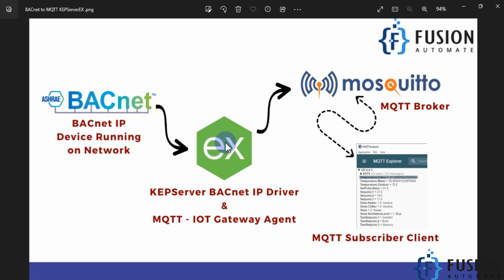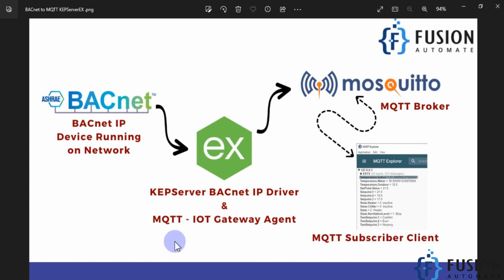CAP server will convert those data into MQTT and publish to the MQTT broker, which is Mosquitto in our case, and Mosquitto will provide that data to any MQTT client software. It can be MQTT Explorer, it can be your Node-RED, or it can be another CAP server running on a remote system, or any SCADA like Ignition or anything. So this is what our flow is, and this is what we want to create.